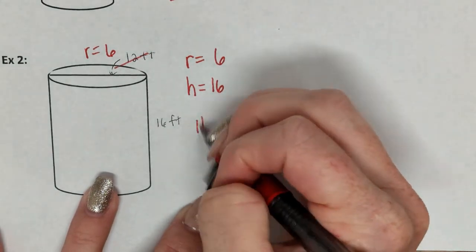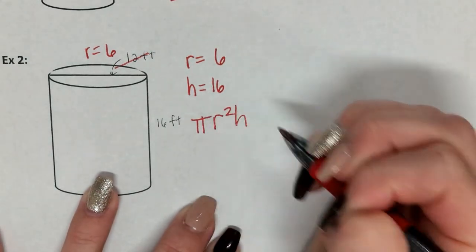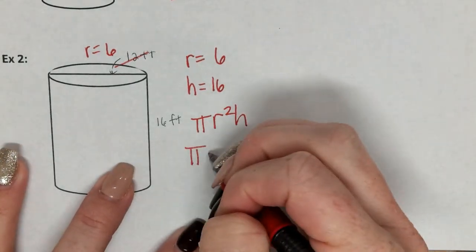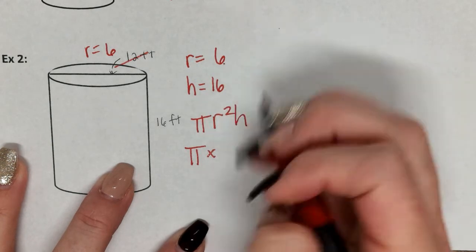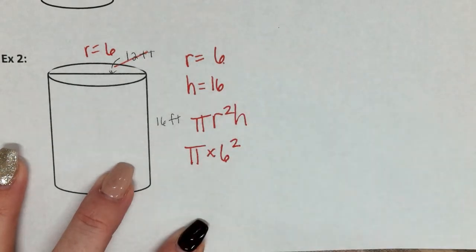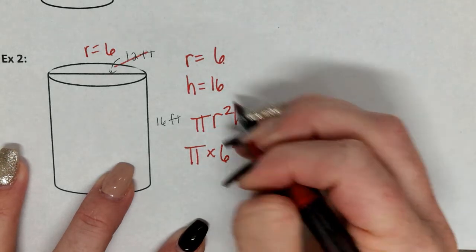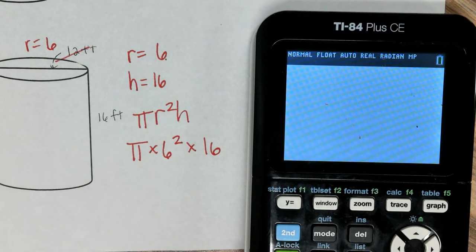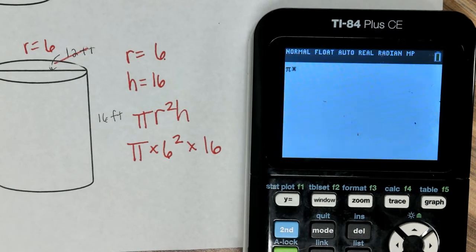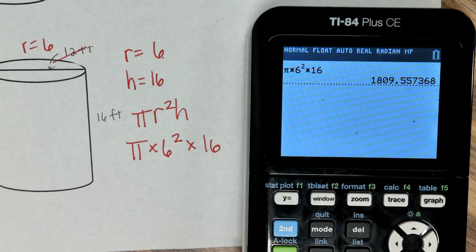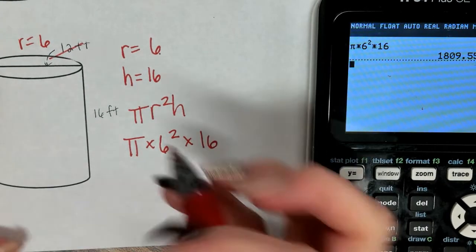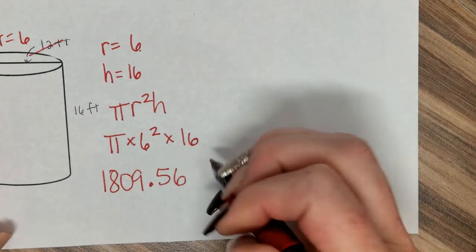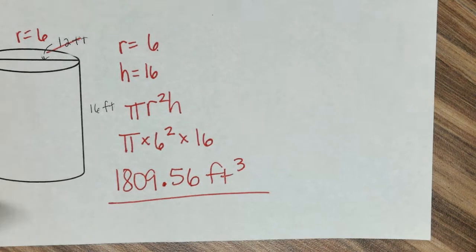So I'm going to do the formula, pi r squared h. That's the formula I'm going to use all day today. So pi times, what's the r? 6 squared, don't forget the 2 because that's part of the formula, times the h, which is 16. So I'm just going to type that in. Make sure you got what I got.